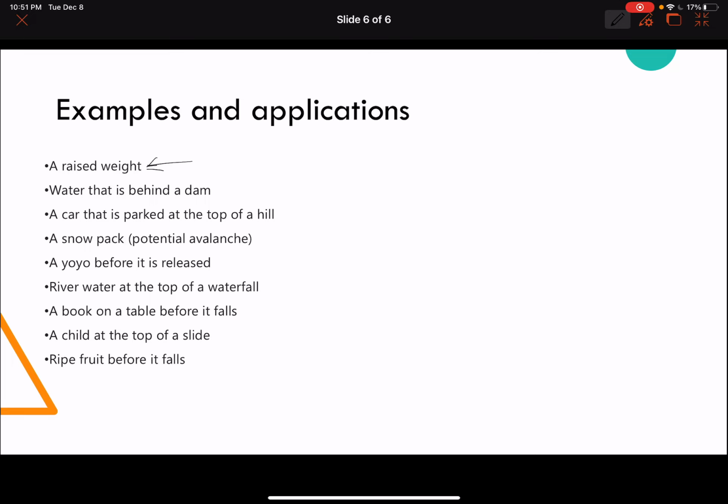If you like skiing, then you understand how avalanches start, just because the snow at the top has a lot of potential energy, because I'm pretty sure it had some weight. A yo-yo, before it is released, again, it has some weight, some height, and it's in a system that has gravity. River water at the top of a waterfall, again, the water is falling, it has some height. A book on the table before it falls, a child at the top of a slide, and a ripe fruit before it falls.